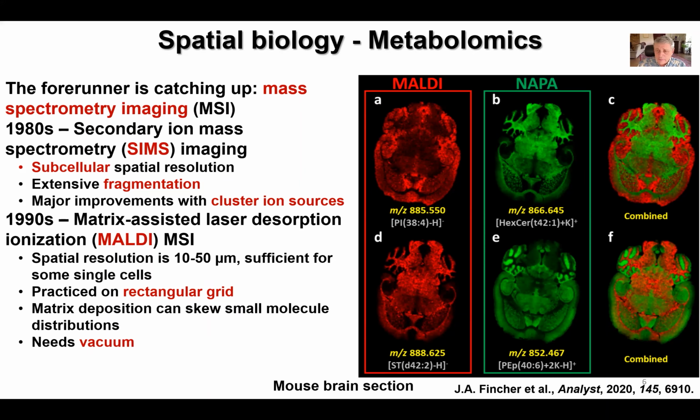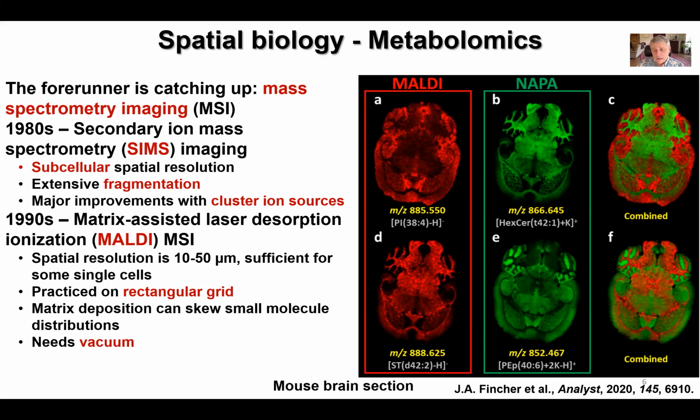And also these imaging approaches were practiced on a rectangular grid. So over the tissue, people were analyzing the surface point by point, and they were collecting spectra for every point, and that became a pixel in the mass spec image.